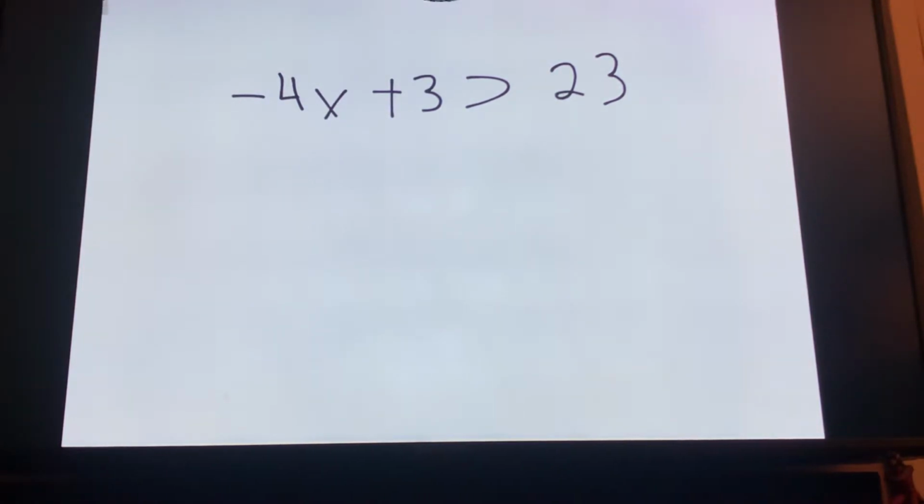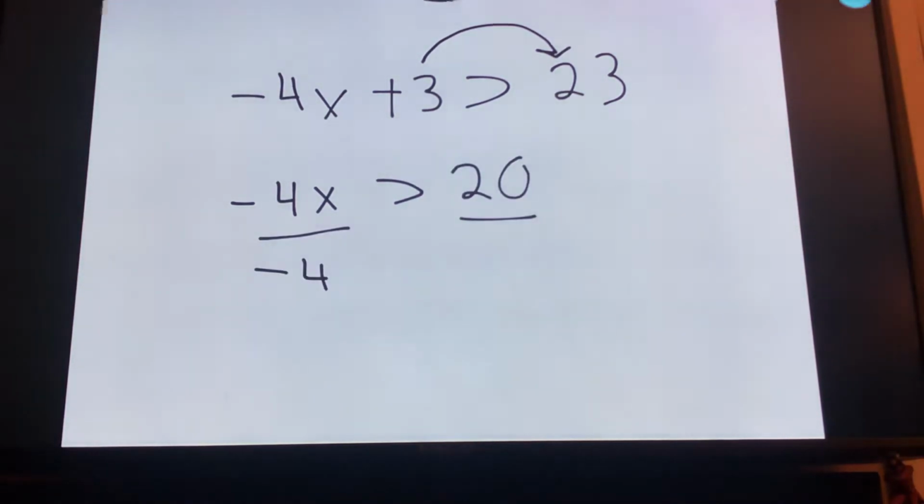Negative 4x is greater than 20, right? Because that was negative 3 when we moved it over. Divide by 4, divide by 4. That gives us 1x is greater than... I mean, it's actually less. It says less than the way the sign is now. So less than.